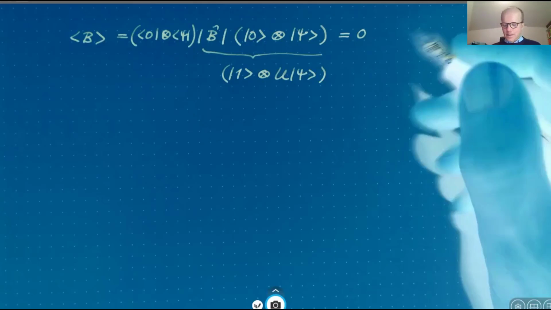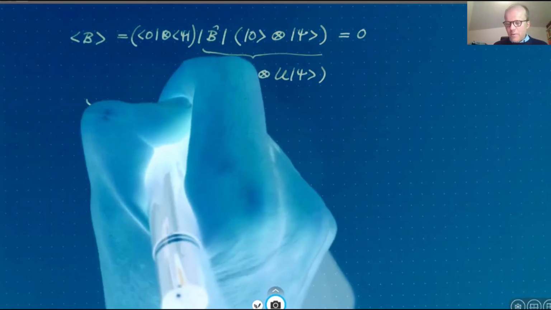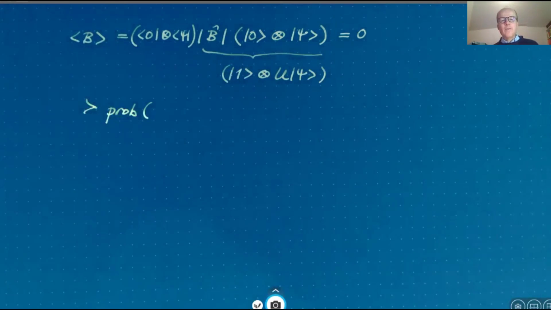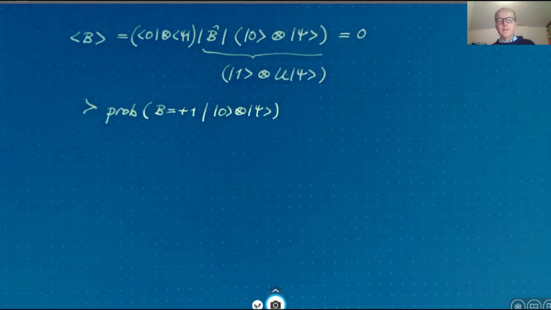This implies that the probability of measuring +1 in our initial state, and the probability of measuring -1, must be equal. They must both be equal to 1/2.